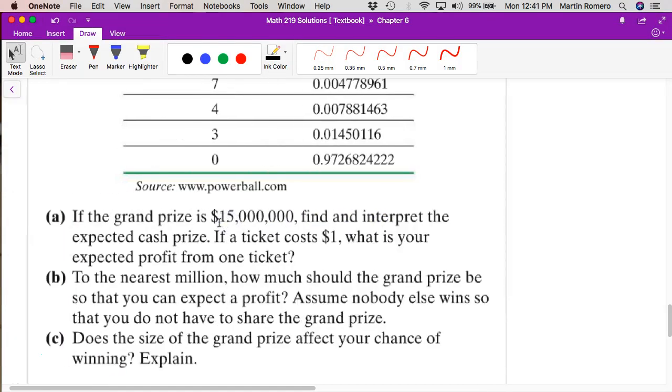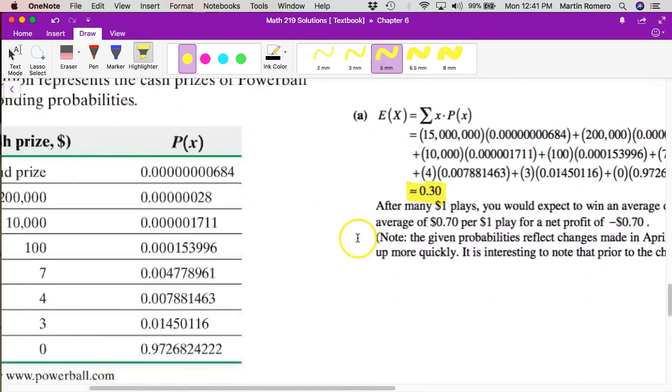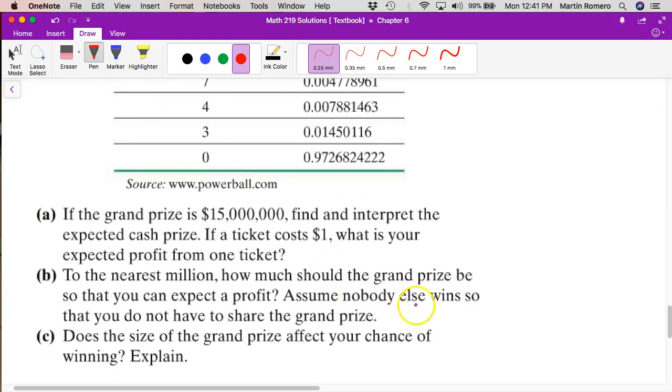So that's the answer for that one. Using StatCrunch to fool around, the answer for part A is approximately 30 cents. For part B, it's approximately 118 million in order for your expected value to be 1.